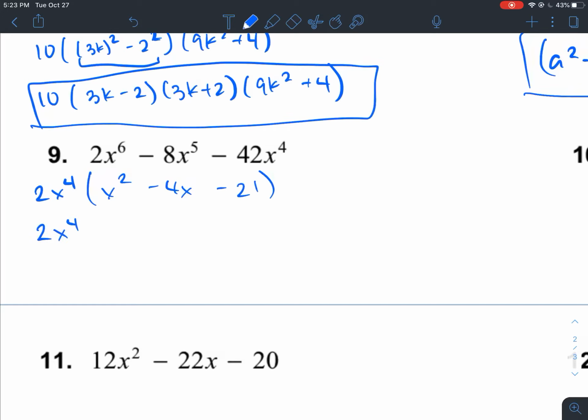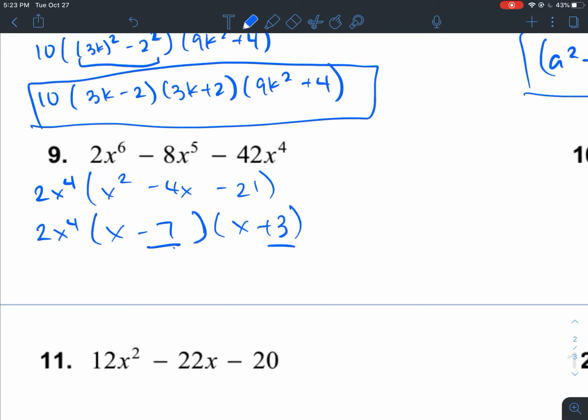So 2x to the 4th, and this I can break down into 2 factors, and the factors have to multiply to be negative 21, but add to be negative 4. So those 2 terms would be x minus 7 and x plus 3.